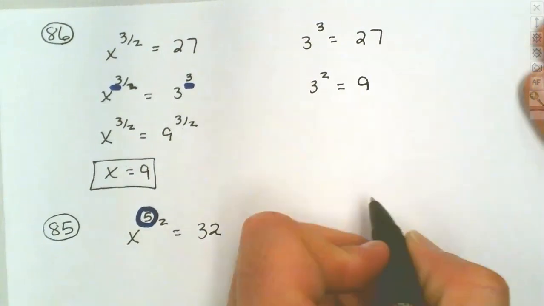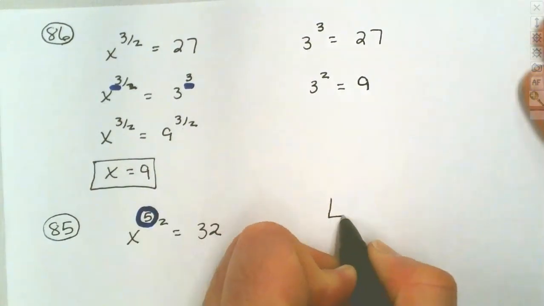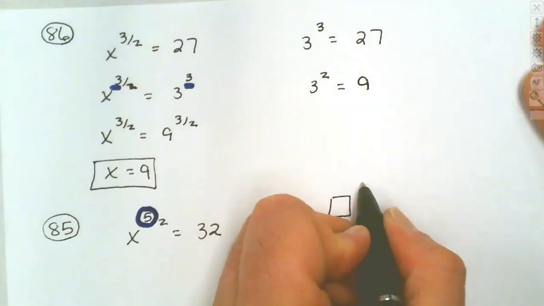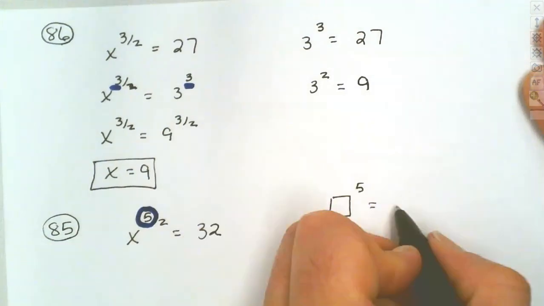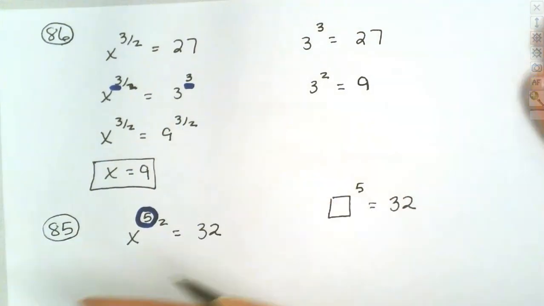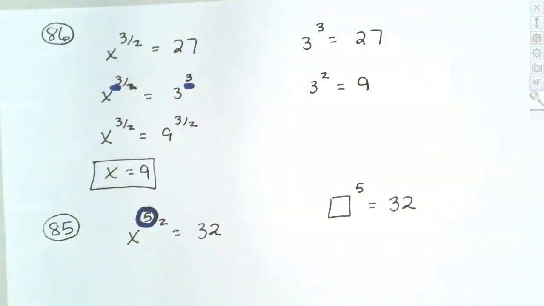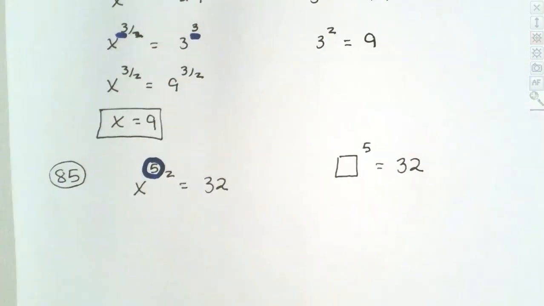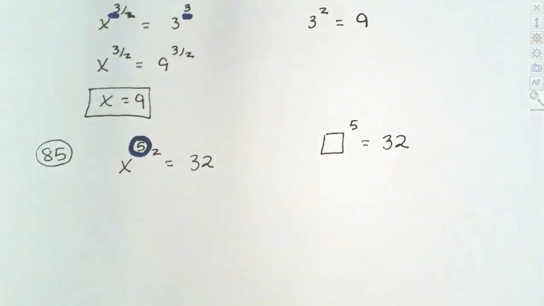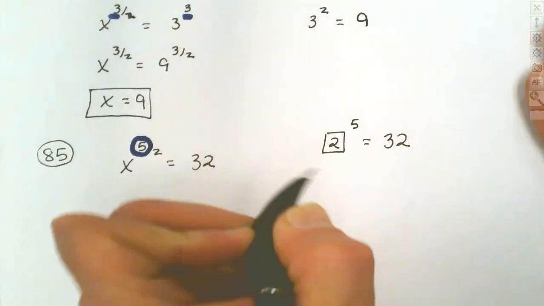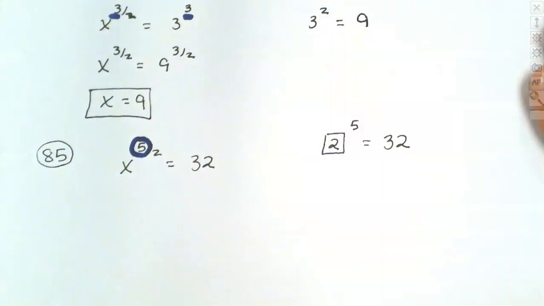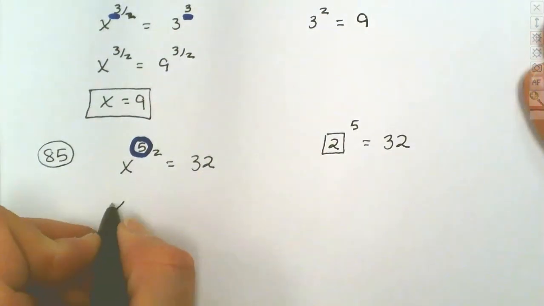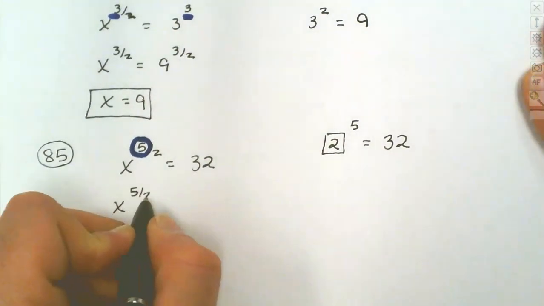So let's see what we can use and raise it to the 5th power to make it 32, because we're kind of doing the opposite of what we did a minute ago. We want the tops to be the same, and then we'll deal with the denominators. So what do we know? Well, 2, because 2 to the 5th power is what? 32. So we can rewrite this now as this.